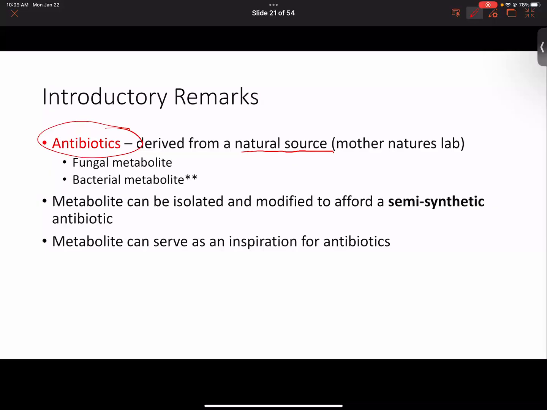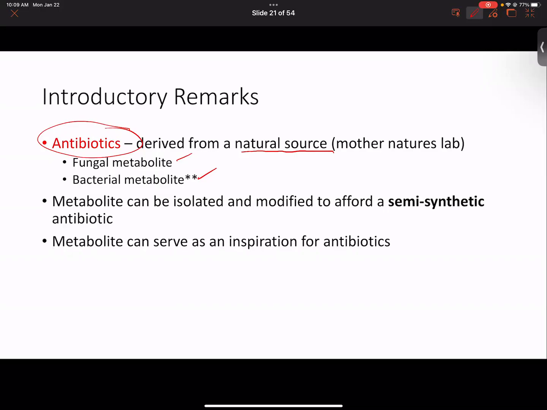Okay. These antibiotics can be fungal metabolites, like the penicillium mold that we're all familiar with. They could actually be bacterial metabolites, right? We have bacteria out there that synthesize and secrete metabolites that kill off other bacteria, okay? So think about that for a second. You have a bacterial cell that's synthesizing and then secreting into the environment a substance that kills bacteria.